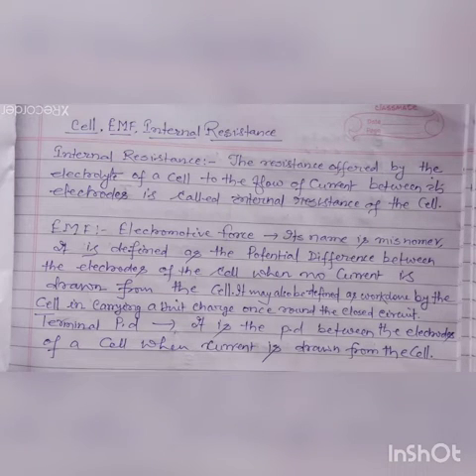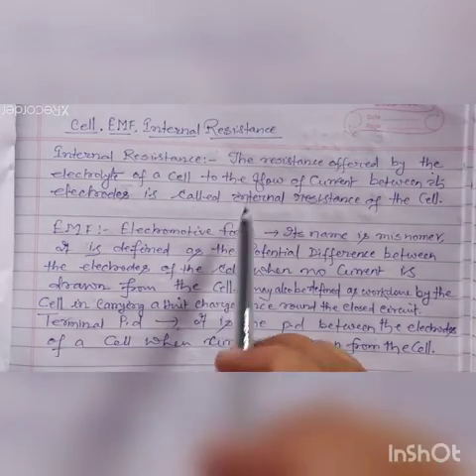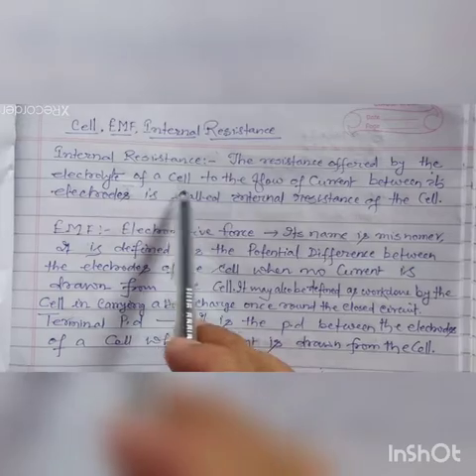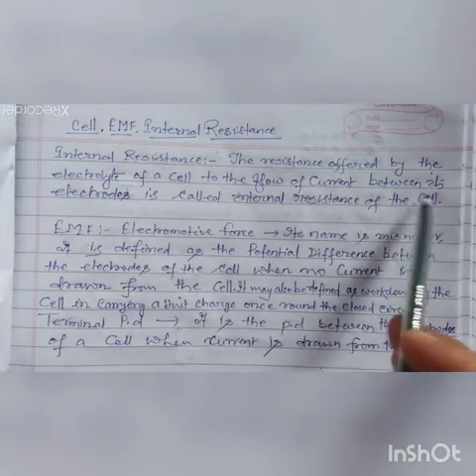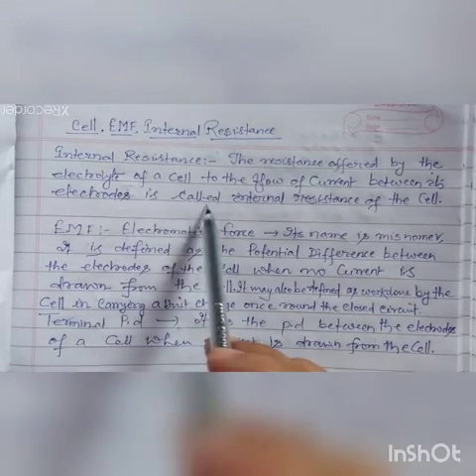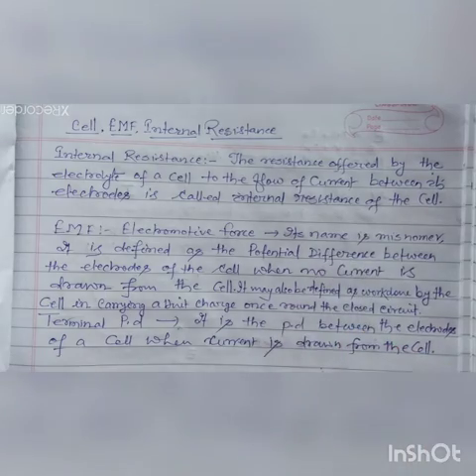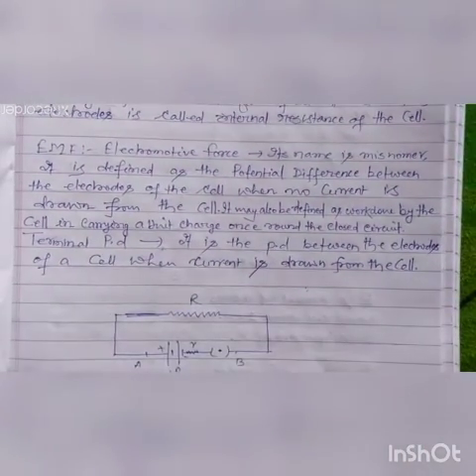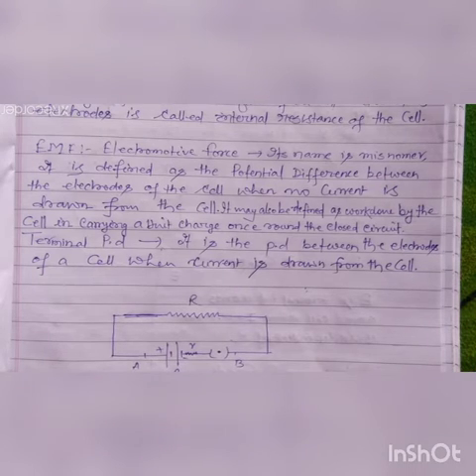This resistance is known as internal resistance. The resistance offered by the electrolyte of the cell to the flow of current between its electrodes is called internal resistance of the cell.